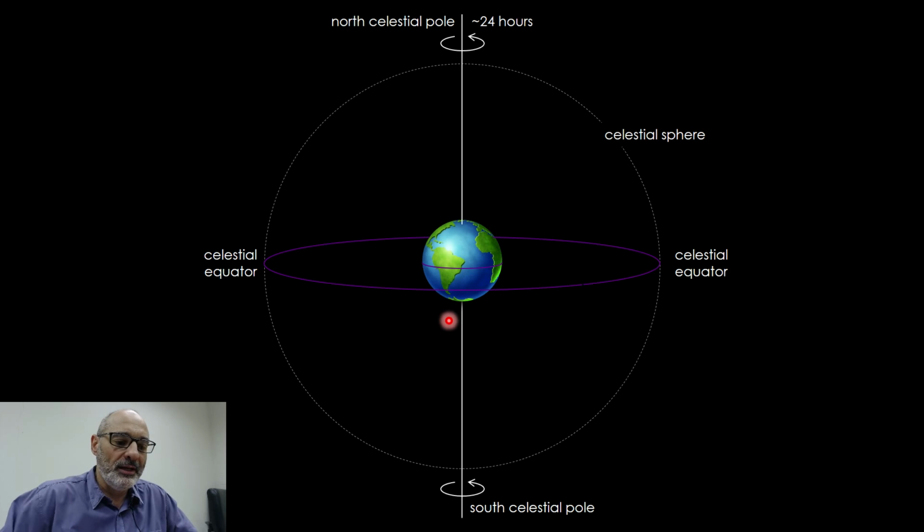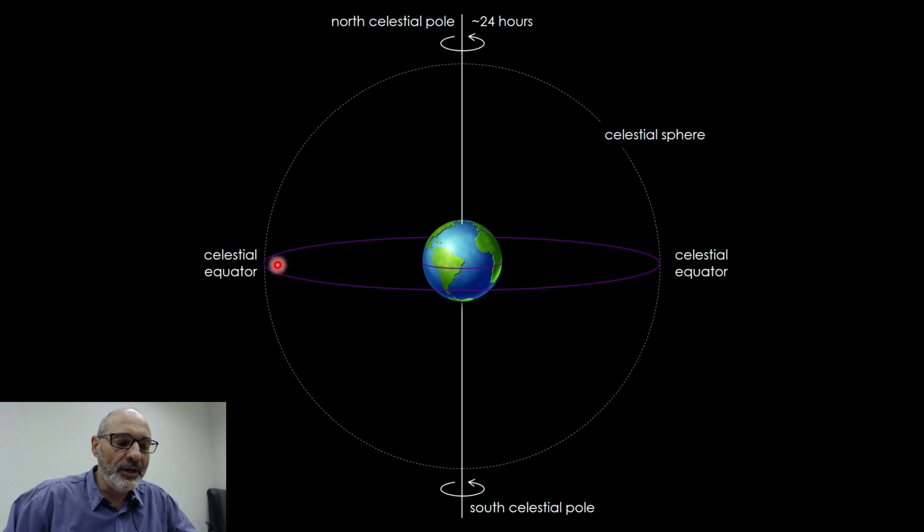Let me give you some definitions right now. Instead of looking from outer space, let's look at Earth. This is the rotation axis of Earth. Its rotation takes roughly 25 hours. The cosmos here we can call the celestial sphere, which is a historical term.